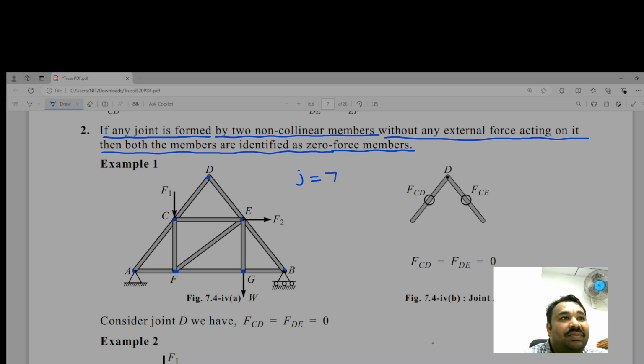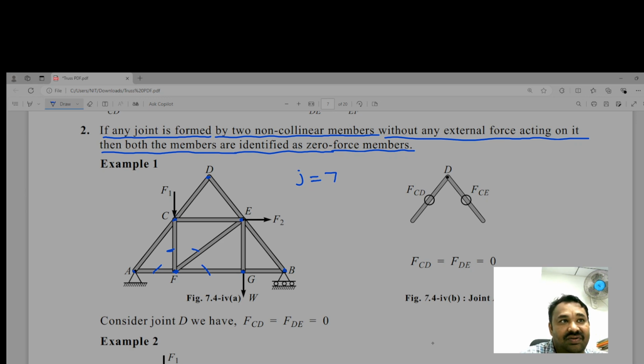Just by observation, at B there are two forces, supports are there, and at A also supports are there. At F there is no external force, but there are four members, this one, this one, this one, this one. Similarly, at G, three members are there, and W load is acting at G, and at E, F2 external force is there. So what is remaining here?